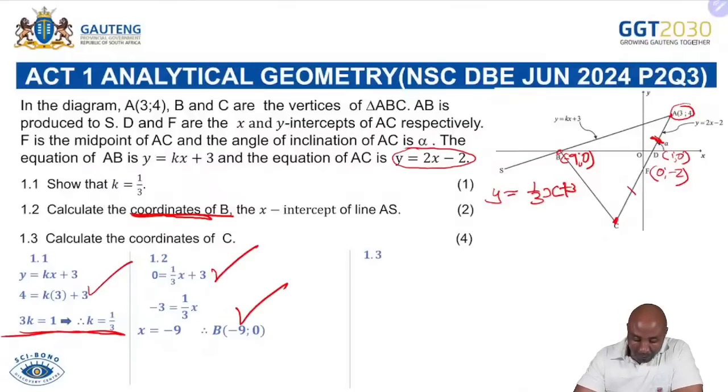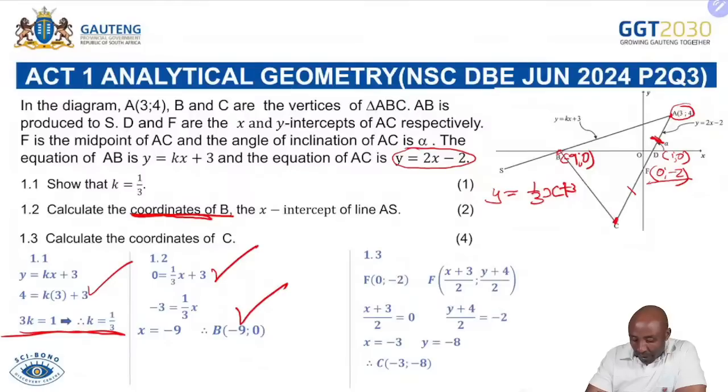So, to get the coordinates of C, I need to find the coordinates of F first. I found the coordinates of F. And then I use my midpoint, so coordinates of F, I get a mark. The method, I have an x at A, I don't have an x at C. I have a y at A, I don't have a y at C. These should be equal to the coordinates of the midpoint.